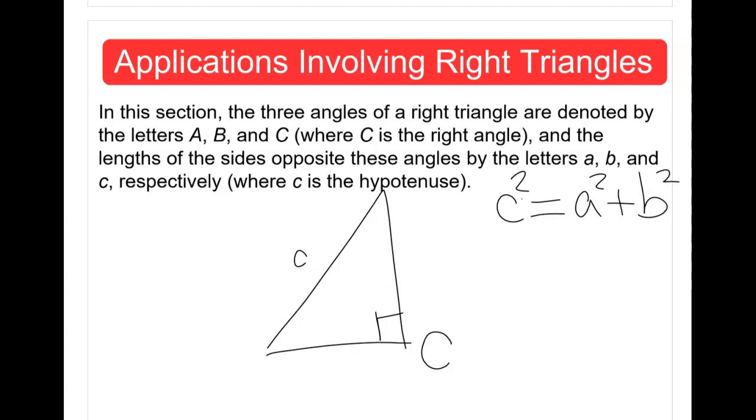Anyways, we're starting with C. Let's just go ahead and call this one A. And so the opposite side to angle A will be lowercase a. And then finally, if this is angle B, then the side opposite to it will be lowercase b.